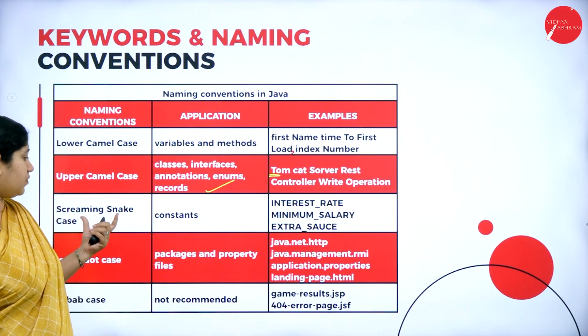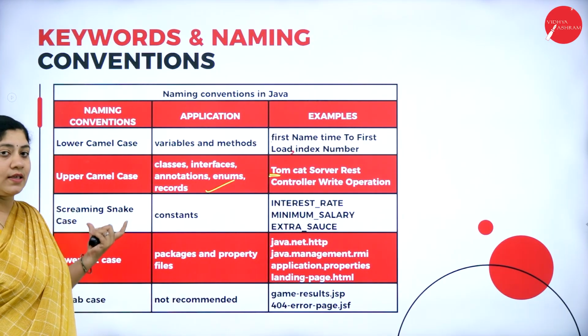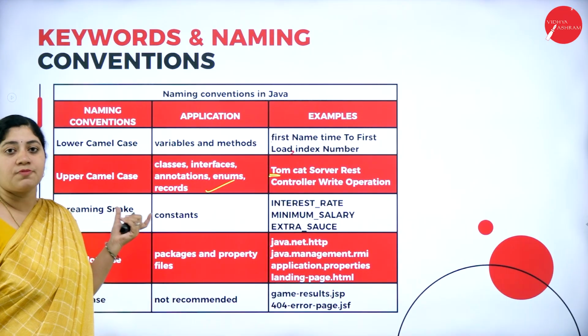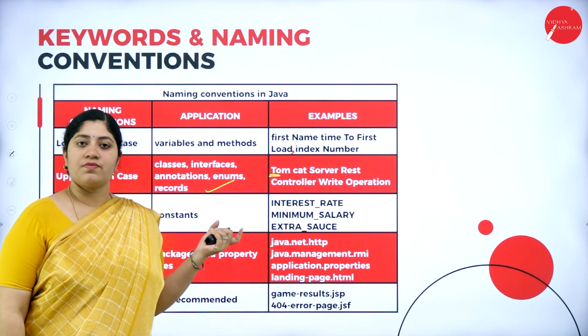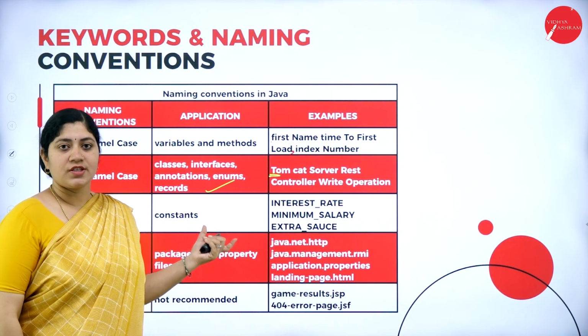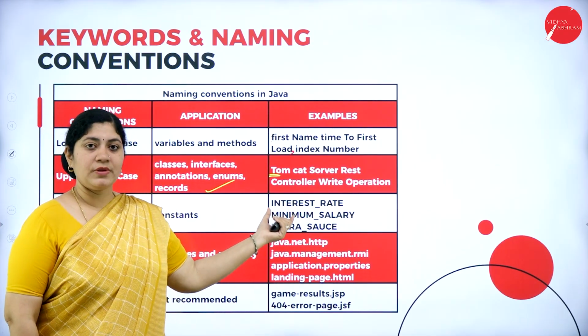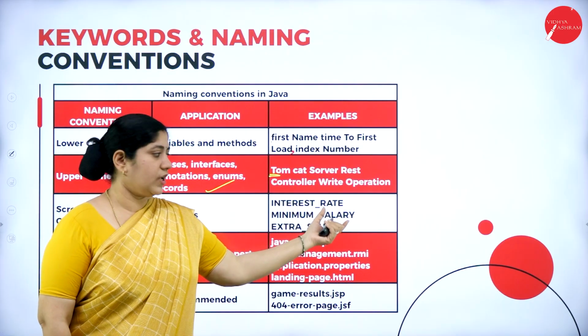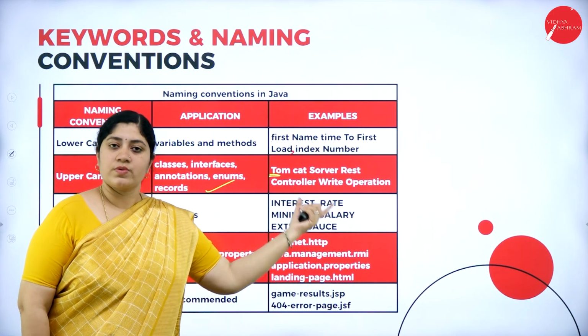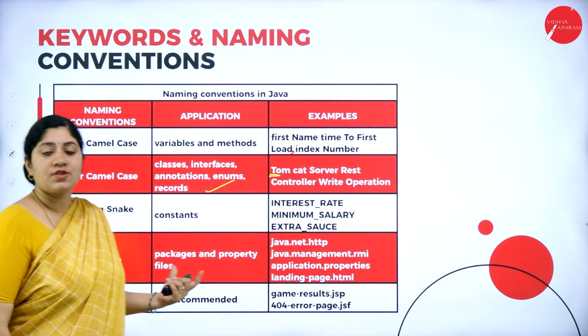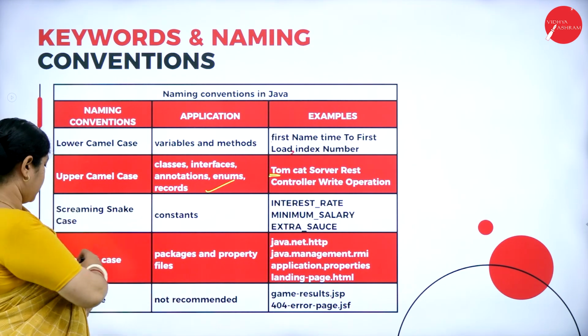Great. Next one, screaming snake case. These are special things that are utilized to define or represent constant values. So we can see examples like INTEREST_RATE or MINIMUM_SALARY in this way. Next one is lower dot case.